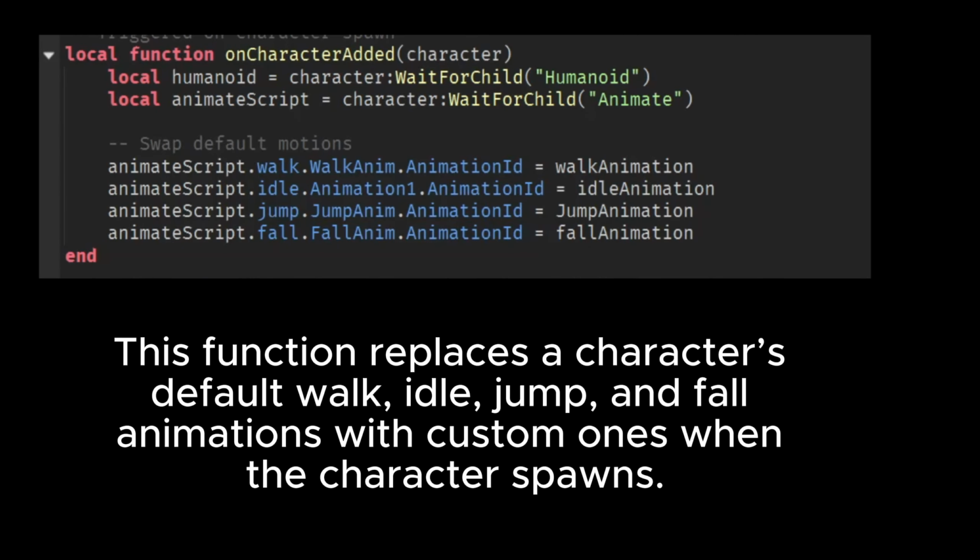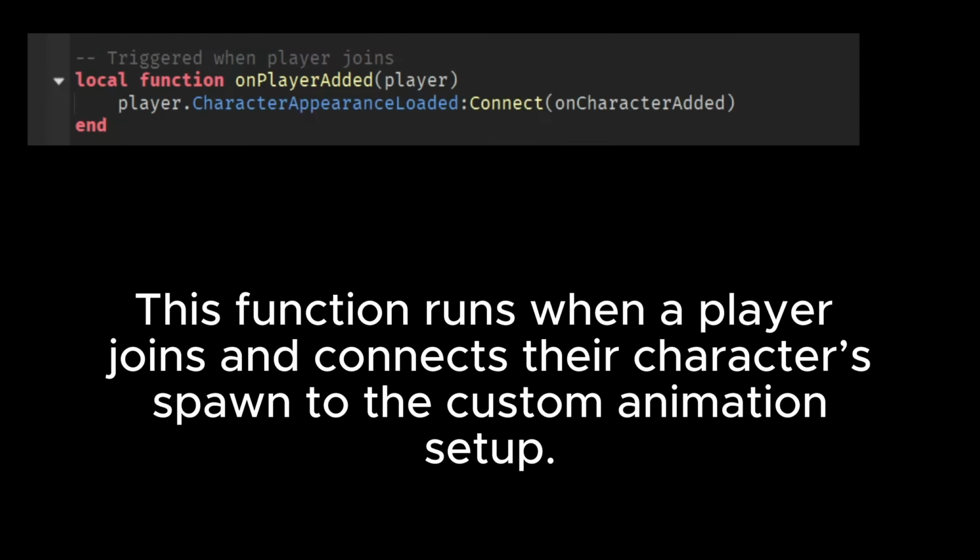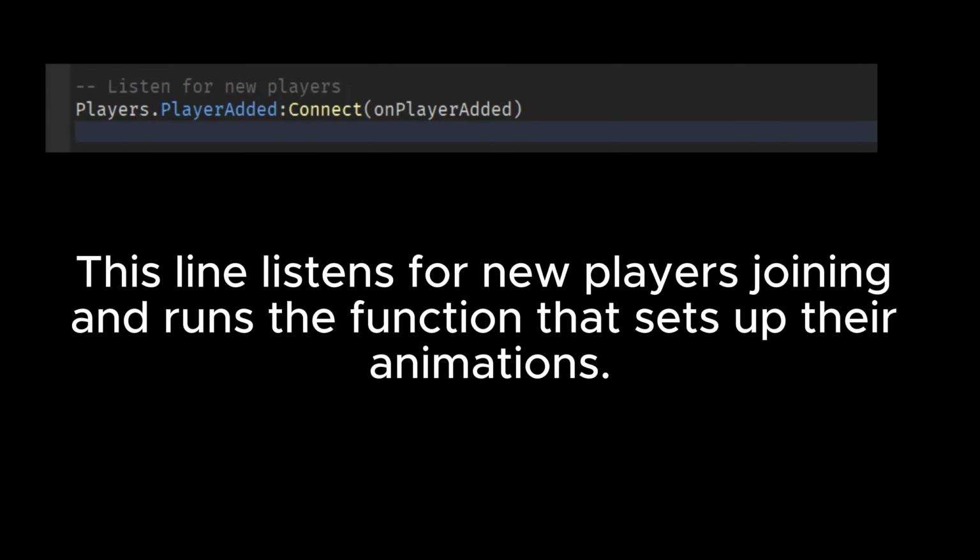This function replaces a character's default walk, idle, jump, and fall animations with custom ones when the character spawns. This function runs when a player joins and connects their character's spawn to the custom animation setup. This line listens for new players joining and runs the function that sets up their animations.